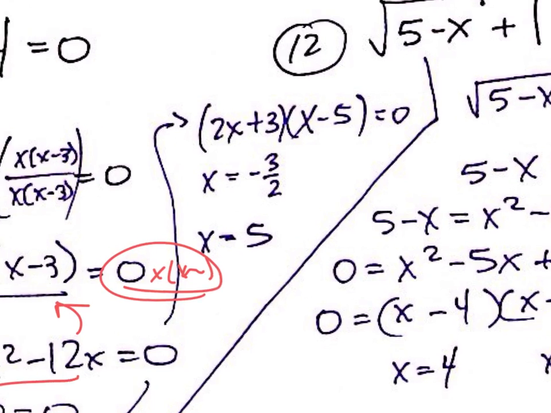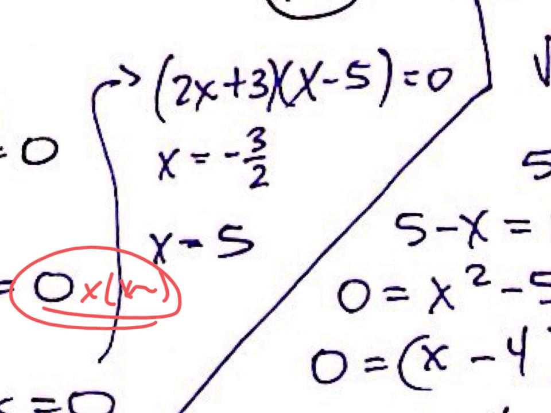Okay, right here. So that can factor to this. We had 2x squared, minus 7x minus 15 equals 0, okay? So that's factorable to this, in which case we get x equals negative 3 halves and x equals 5 as our two answers.